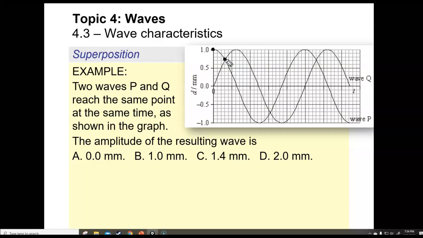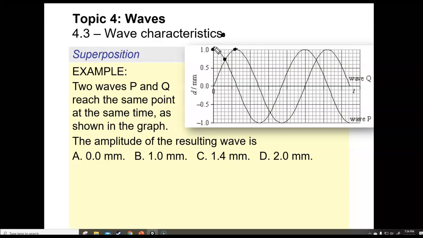Okay, and 0.7 plus 0.7 is 1.4, and so the superposition would actually be up here somewhere. Okay, let's go to another point. Right here, 1 and 0. So the superposition there would be 1.